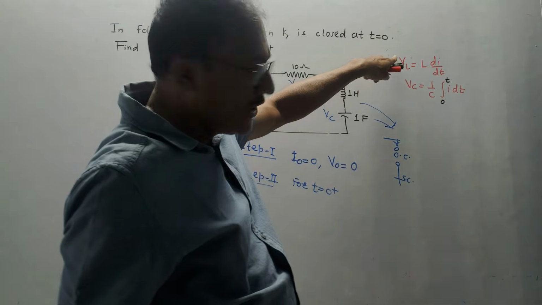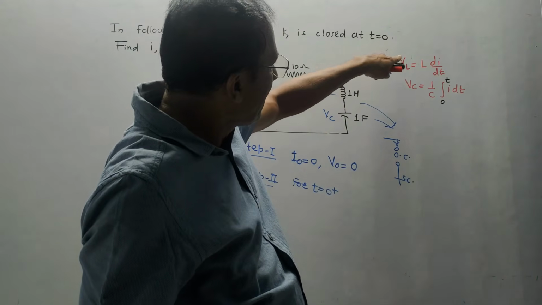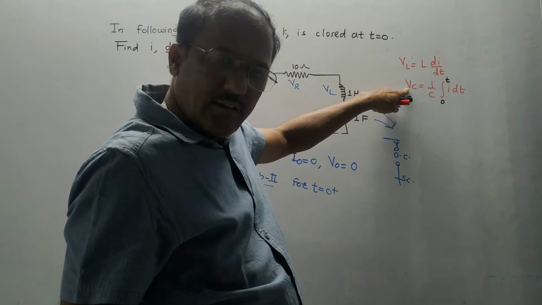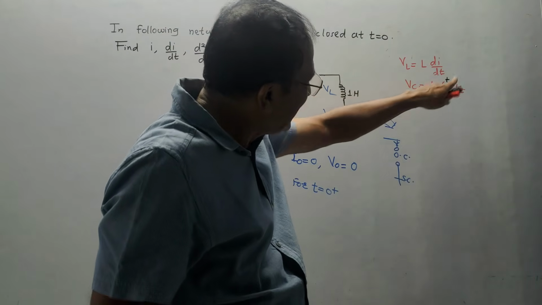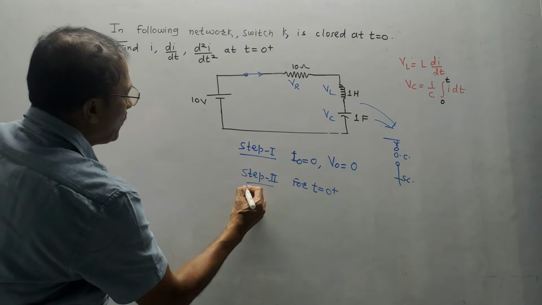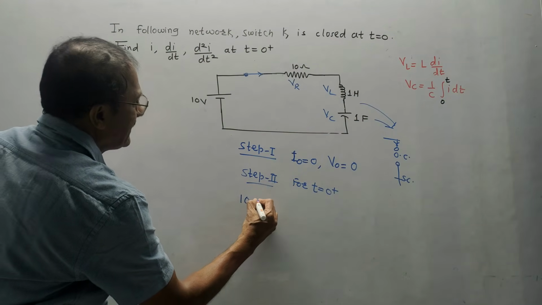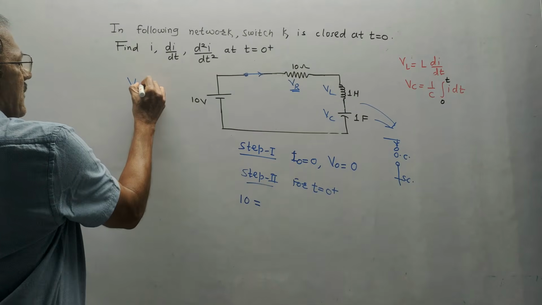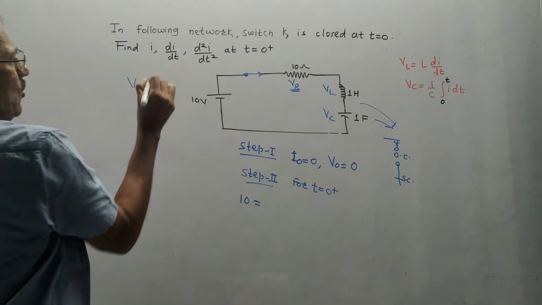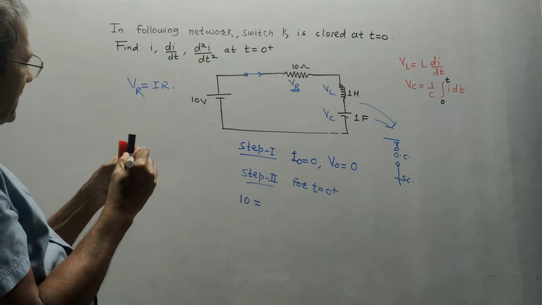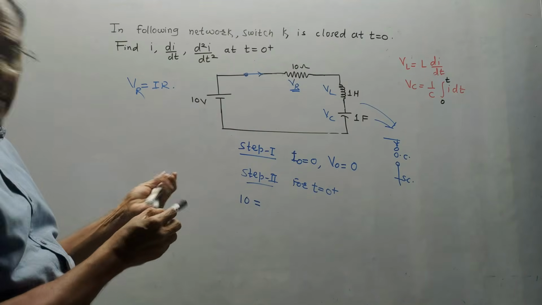Now you need to remember these two formulae. One is voltage across inductor is L di by dt. Second, voltage across capacitor is 1 by C integration 0 to t i dt. Now, for step 2, I will write the simple equation like this. 10 is equal to VR, voltage across resistor. We know V is equal to I into R according to Ohm's law. Only difference is here suffix R is used, which indicates voltage across resistor.